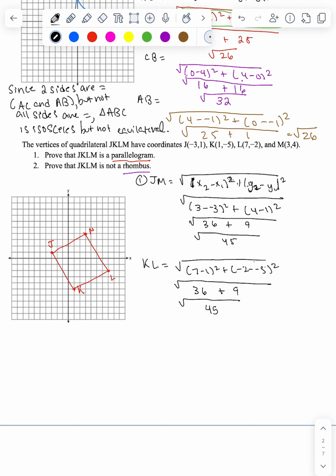I do have to also show the other pair of opposite sides. So I do also have to show JK and ML. So I'll do that in a different color.